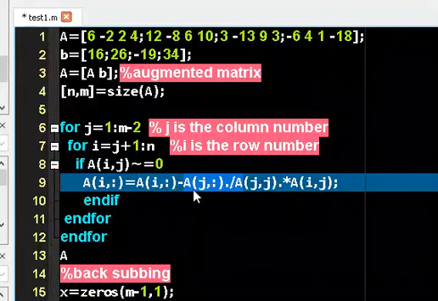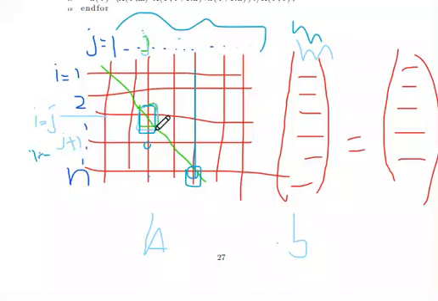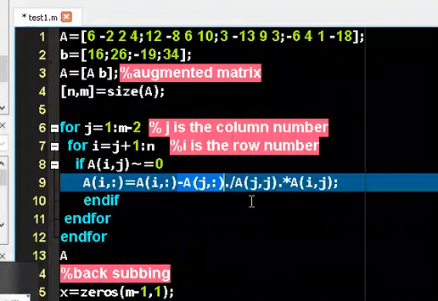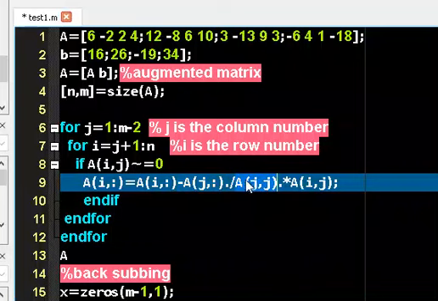So this is the entire jth row of A. I divide by the value at that position. So what is the value? This is the value, A of j comma j, the value of A at that element, right?